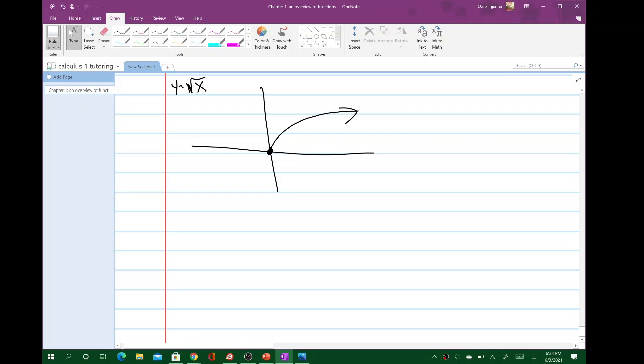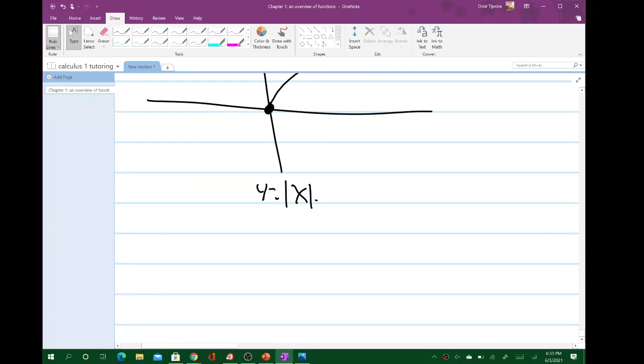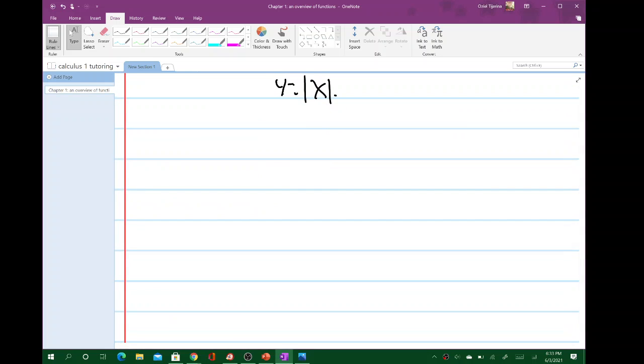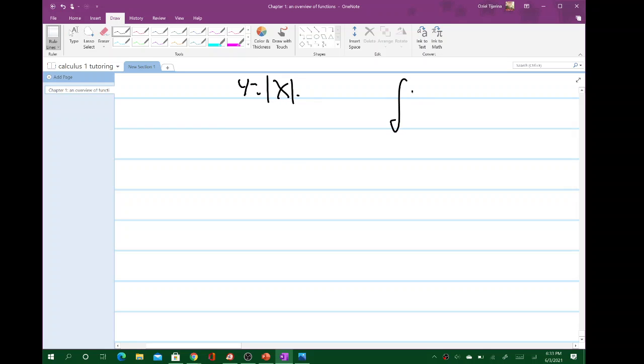And then we also have y equals the absolute value of x, which you don't really use. You're not really going to use that in Cal 1 until you do integration in Cal 1. You'll definitely do it, especially when you're doing the integral of the absolute value of x minus 3 or something, from 1 to 5.